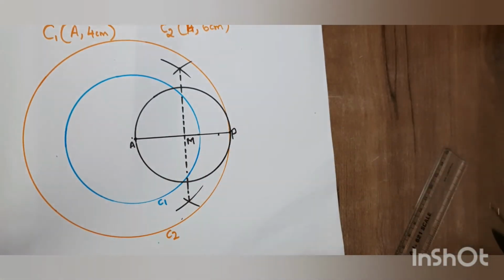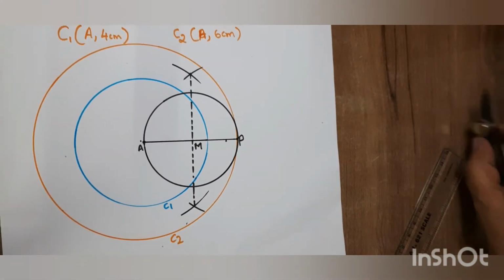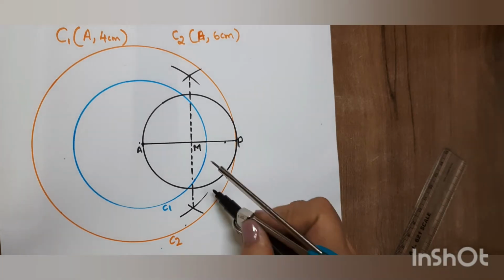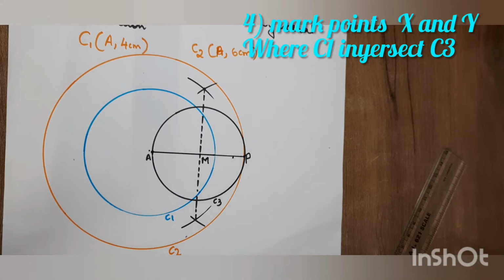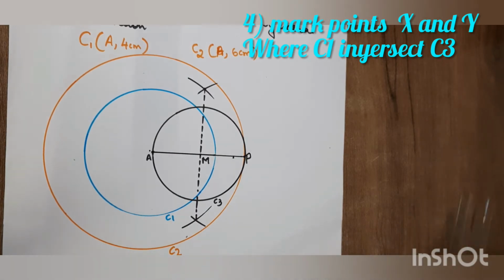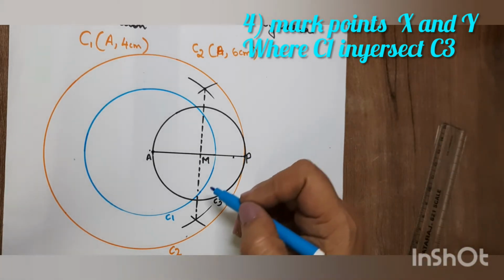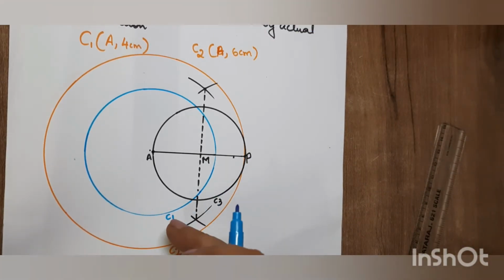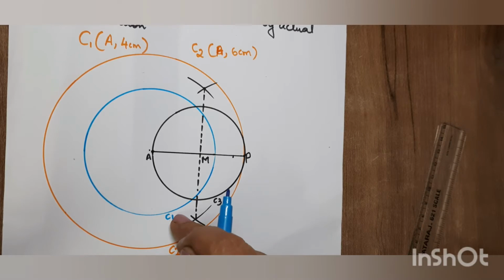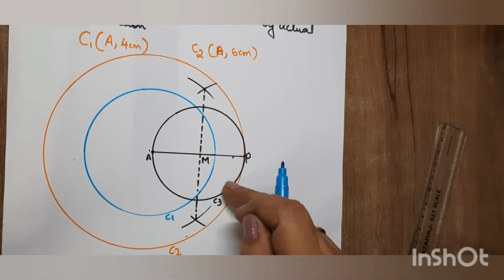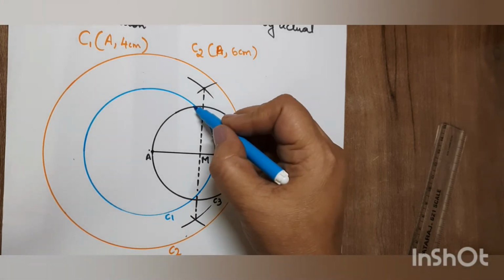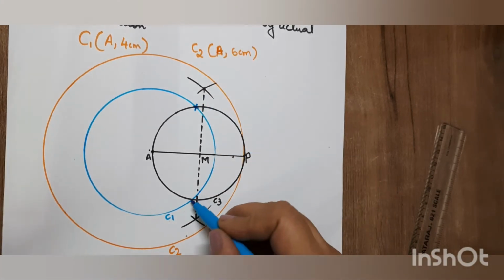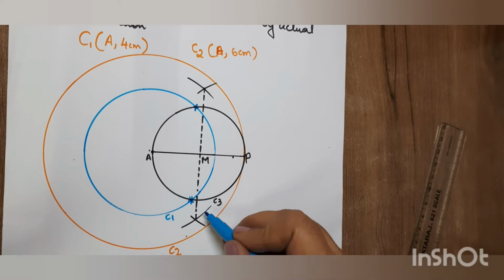What we did, we bisected AP and then here, this we will call C3, the new circle which we have given from our side. Here you can see again, focus on C1 because for C1 we have to draw the tangent, and C3, where these two circles intersect. The point of intersection here, this point and this one.